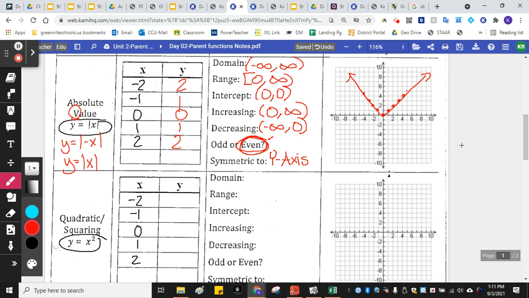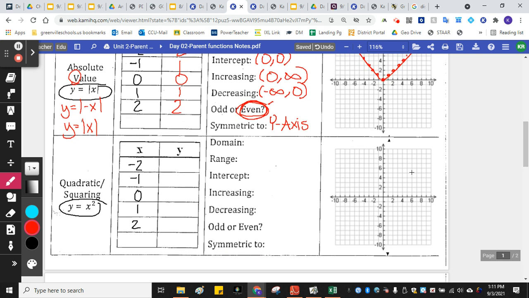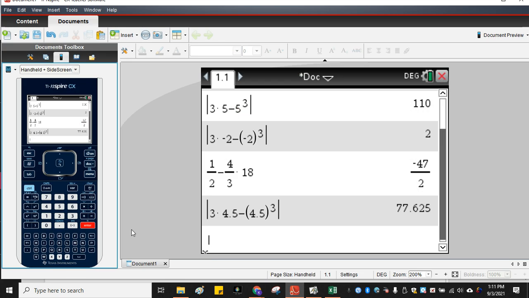Any of this new? All of it's new? Except for the graphing, domain, and range. Now quadratic. This is where I see a lot of people mess up. Half of us messed up in this class. -2 squared is +4.